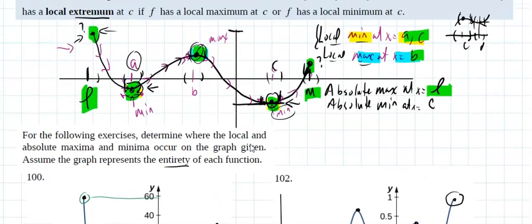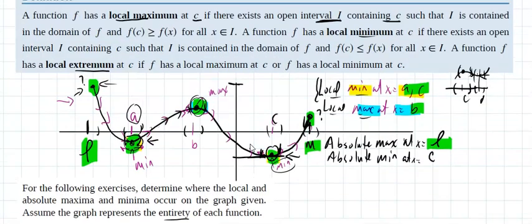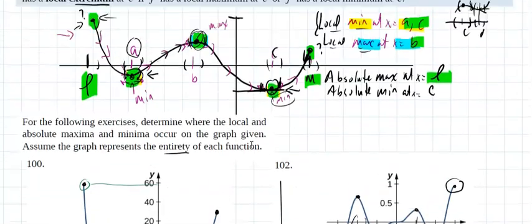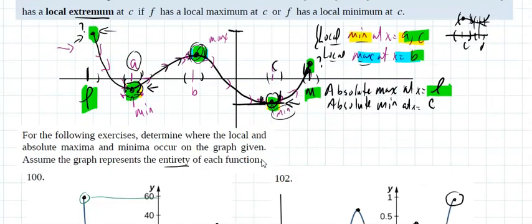Now, something to really pay attention to. This is what the next theorems talk about. Did you notice when we have a maximum, the slope of the tangent is 0, and when we have a minimum, the slope of the tangent is 0? Do you notice when the function is decreasing, the slope of the tangent is negative, and when the function is increasing, the slope of the tangent is positive if you draw the tangents?